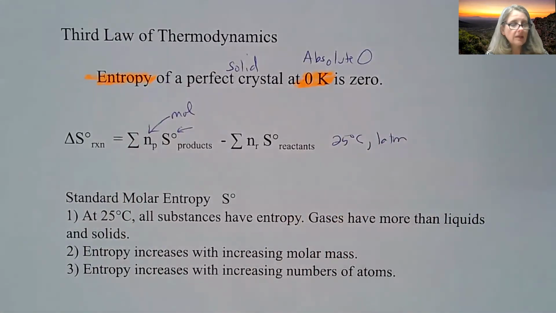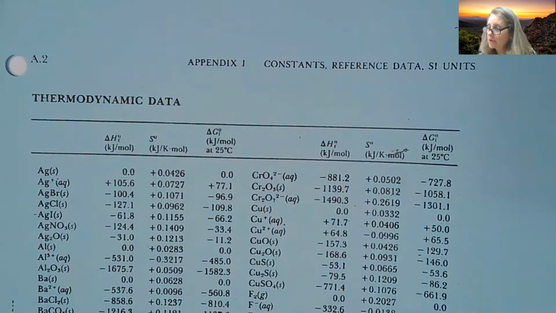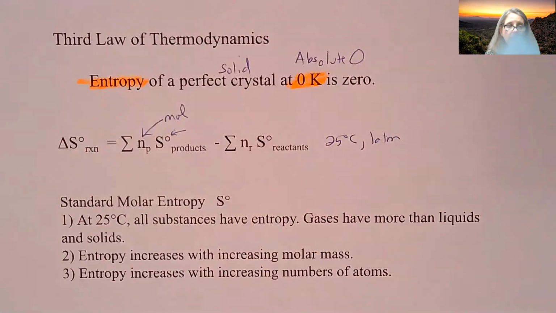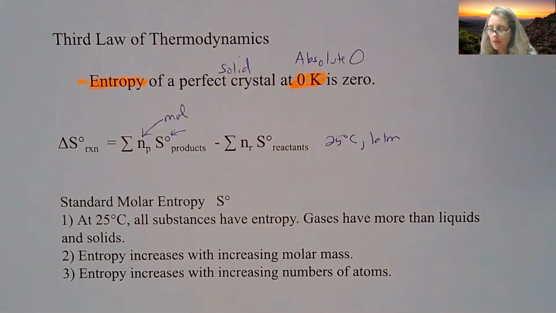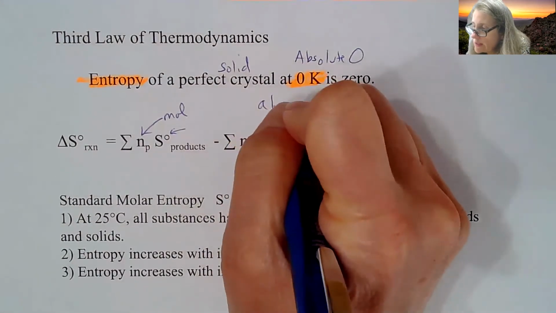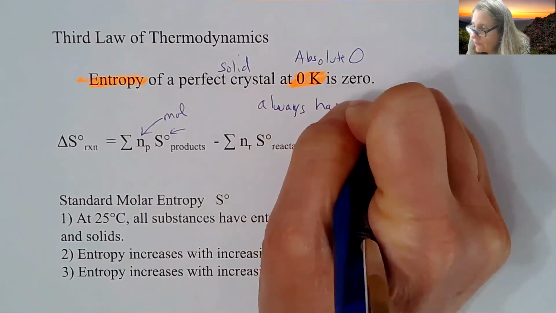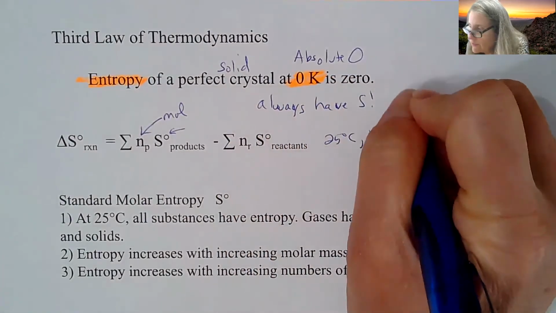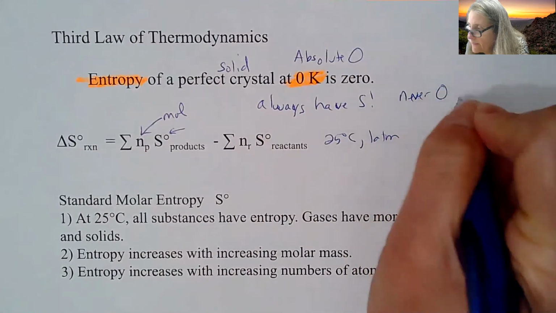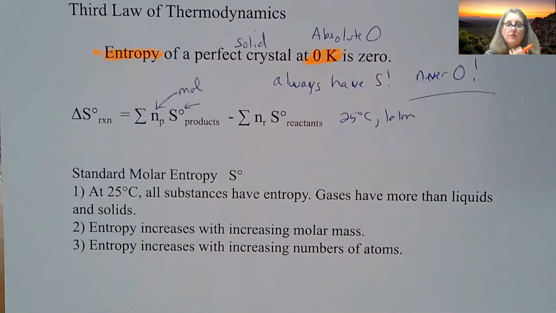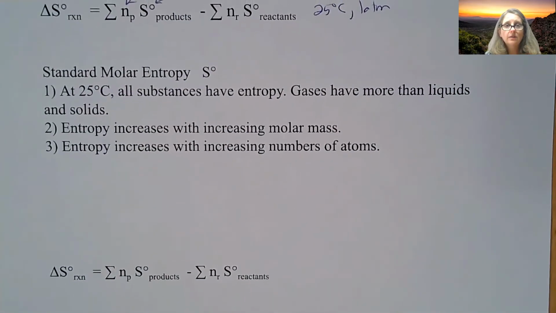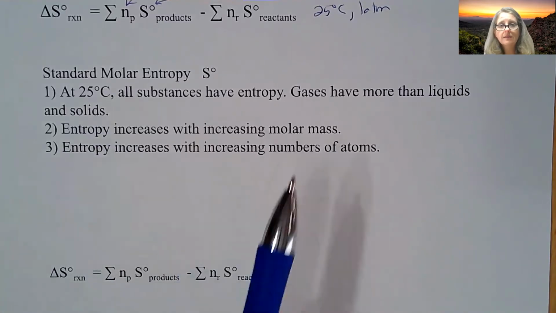And this table is based off of 25 degrees Celsius, okay? So that's going to be why we use those tables. And please be sure you write down always have S. It's never 0 unless you're at absolute 0, okay? So standard entropies, everything has entropy.